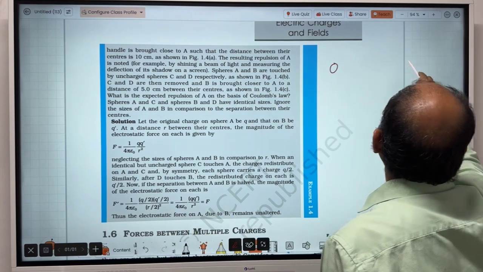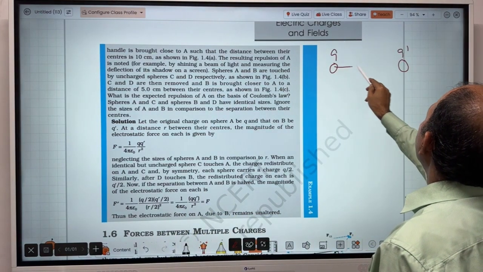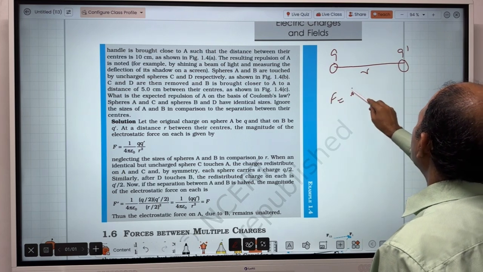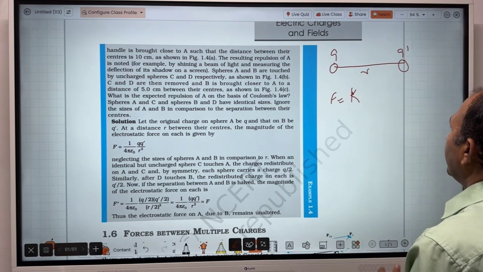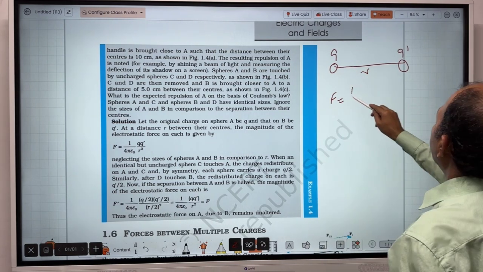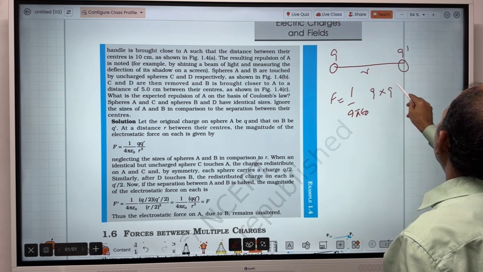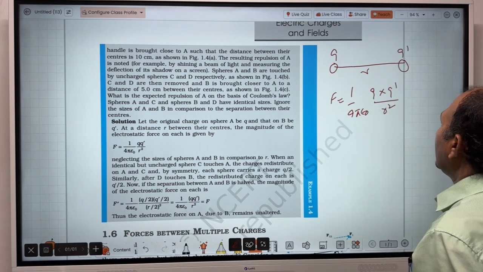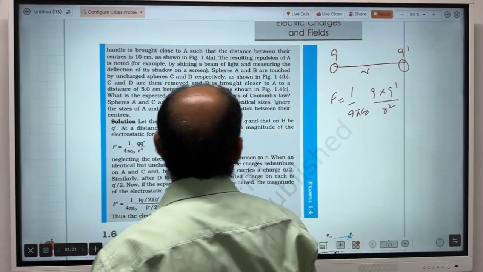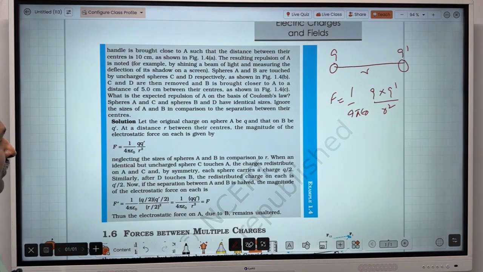This is body A, this is body B. It is having charge Q, it is having charge Q dash, and the separation is say R. In that case, F will be equal to K, 1/(4πε₀), and then we write Q times Q dash divided by R square. Now, suppose we make the two bodies touch each other, then what will happen?